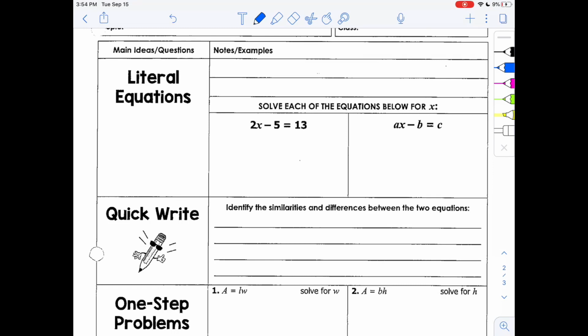Next, we are going to look at solving literal equations. First, we need to know what a literal equation is. A literal equation is an equation with multiple variables.